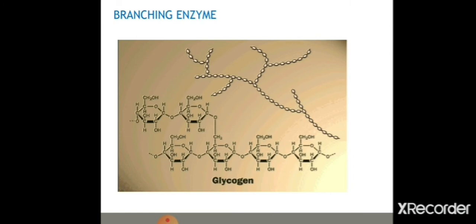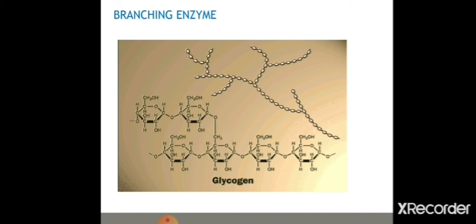When the chain is lengthened to 11 to 12 glucose residues, the branching enzyme transfers a block of 6 to 8 glucose residues from this chain to another site on the growing molecule. Then to the newly created branch, glucose units can be added in alpha 1,4 linkage by glycogen synthase.